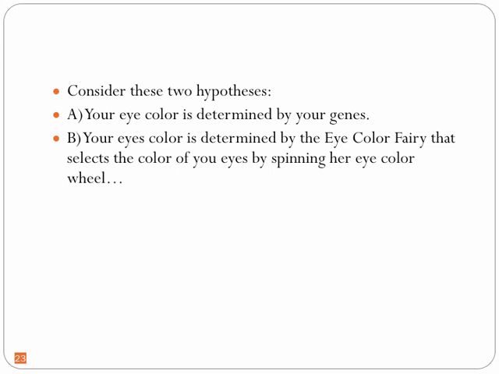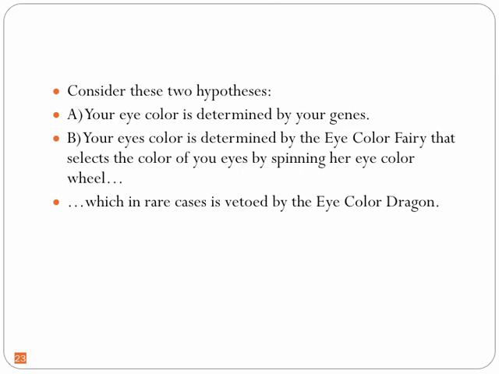There's this fairy, and then there's this eye color wheel. The fairy spins the eye color wheel. But every once in a while, the fairy's decision on your eye color could be vetoed by the eye color dragon, right? So it's a complicated theory. Think about it, our whole worldview would have to be expanded.